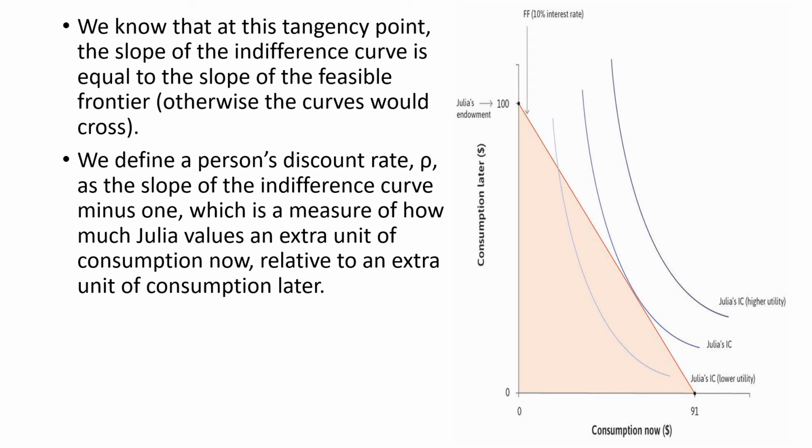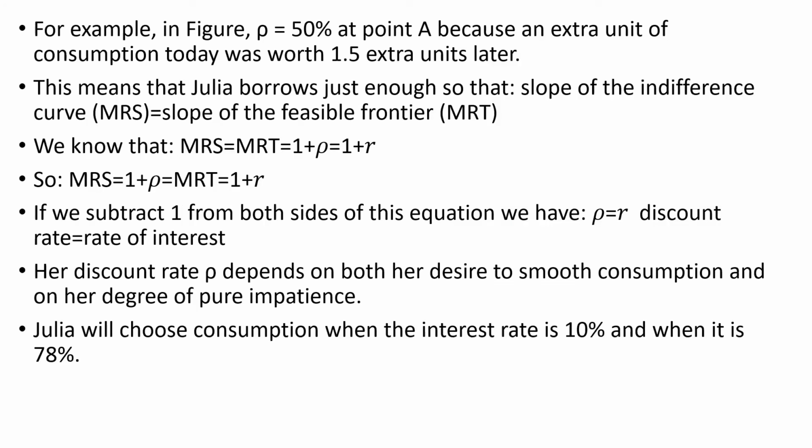We know that at this particular point of tangency, the slope of the indifference curve is equal to the slope of the feasible frontier. We define a person's discount rate, rho, as the slope of the indifference curve minus 1. This is a measure of how much Julia values an extra unit of consumption now relative to an extra unit of consumption later.